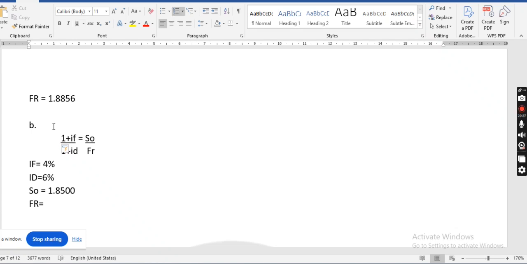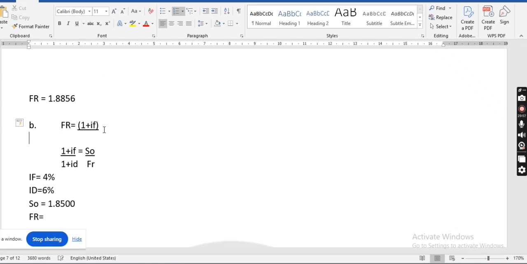You can change the formula to be forward rate equals open brackets 1 plus IF, close the bracket, divided by 1 plus ID, which is the domestic currency, times S0.